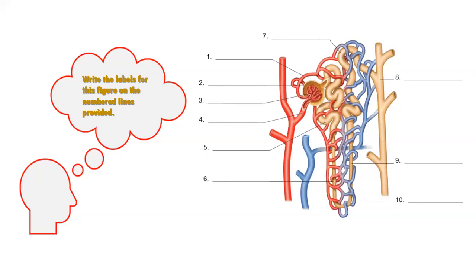The origin of renal cell carcinoma. Number 5. I mentioned it before in this lecture. Yes, proximal convoluted tubules.